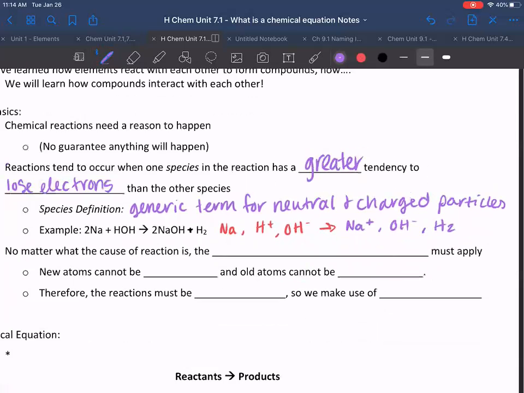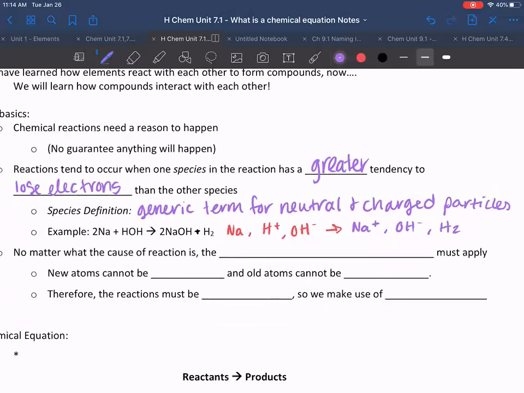And so this is something that no matter what you learn throughout science, but especially this class, if you're going to remember one thing, is that no matter what, you have to follow the law of conservation, which I think you guys have probably heard of in other science classes. But just as a reminder, new atoms cannot be created or formed, and old atoms cannot be destroyed.